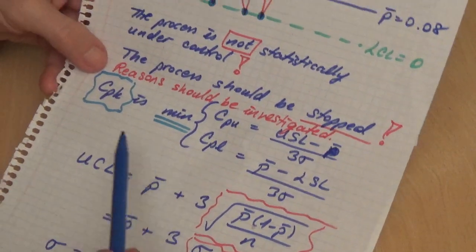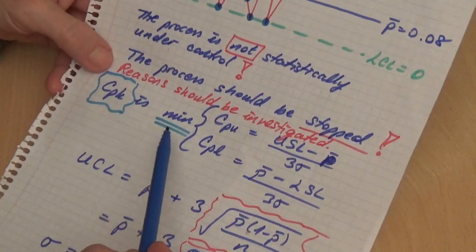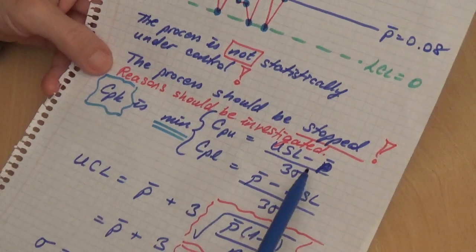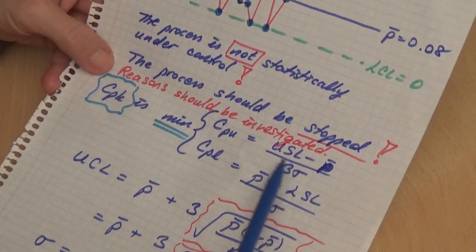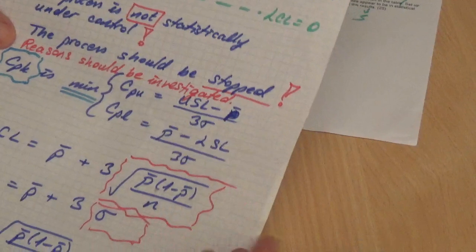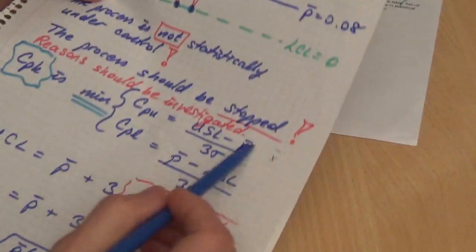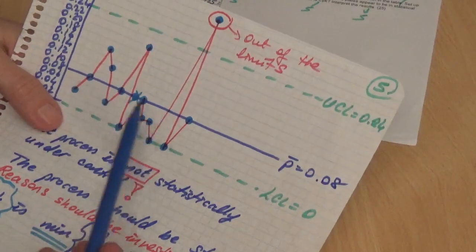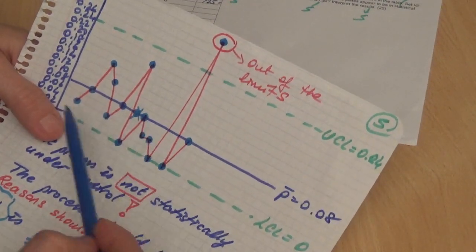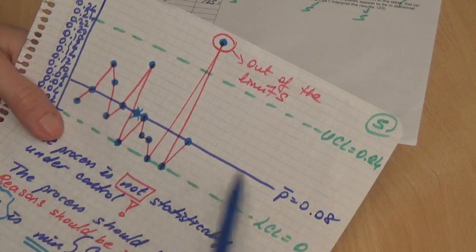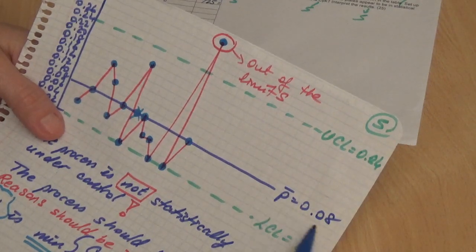For calculating the CPK value, we have the formula for that. The thing is that here you wanted to put X bar in place of P bar, but in our situation we had the P bar diagram. So the average would be this.